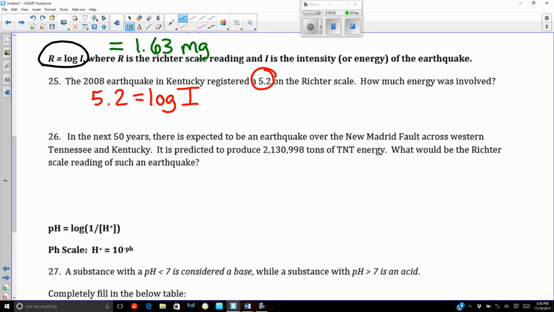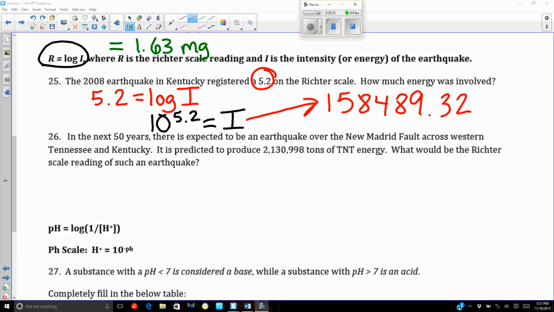So it's in log form. To solve for I, you're going to put it in exponential form. So it's just the base 10 raised to the 5.2 power. Whatever that comes out to be, that's your intensity for this problem. So that's the answer to 25.